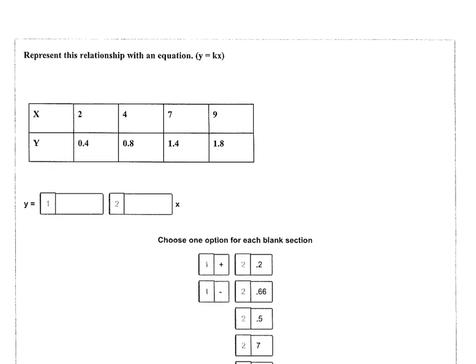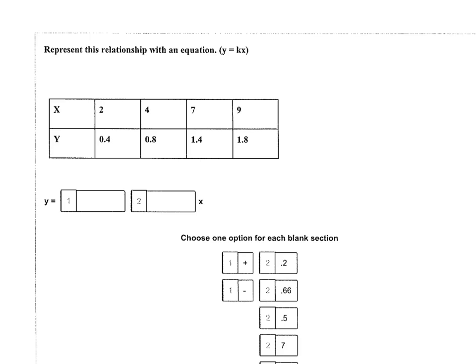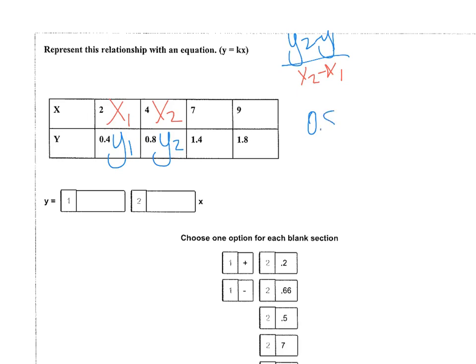And this one was a little weird because of the decimals. But we've got x1, x2, y1, y2. So when I plug those numbers into the formula, I've got 0.8 minus 0.4 on top of 4 minus 2.